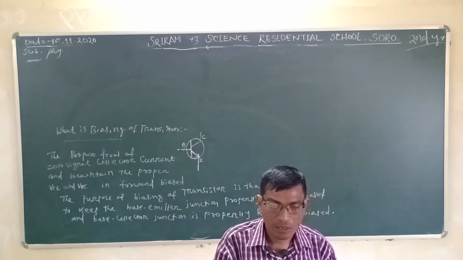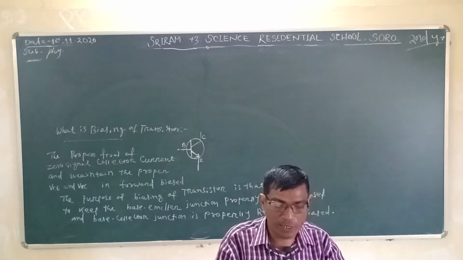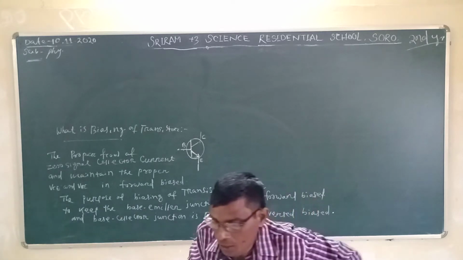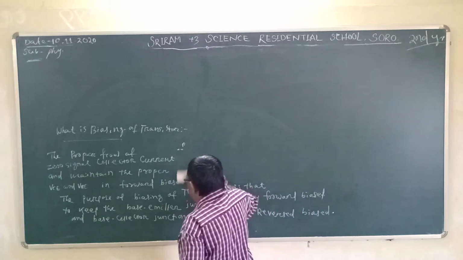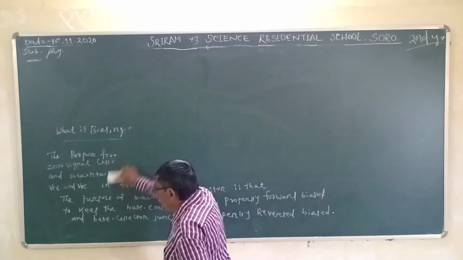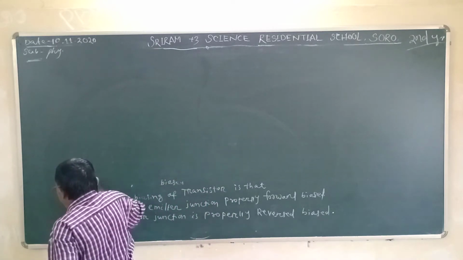This transistor biasing circuit gives good stabilization. So what does a transistor biasing circuit provide?